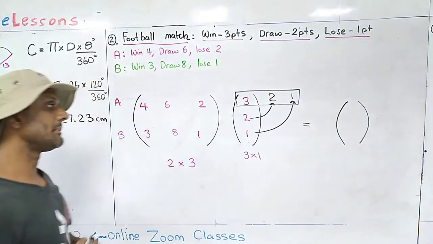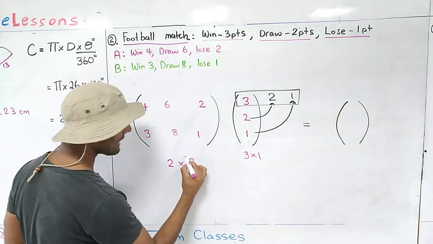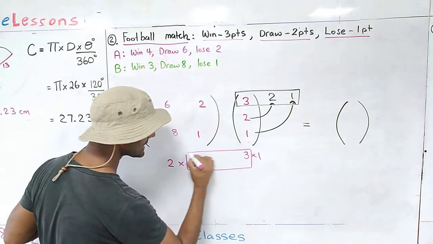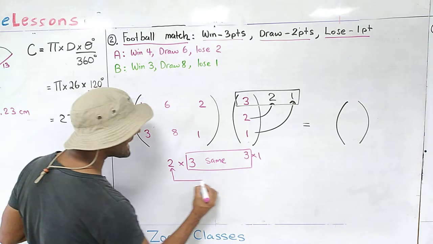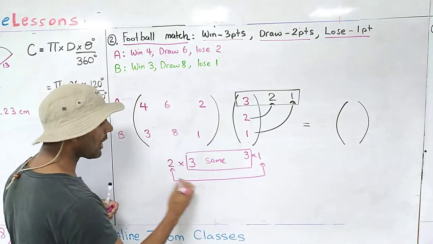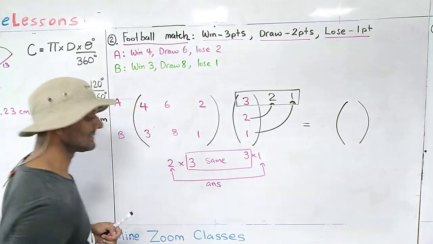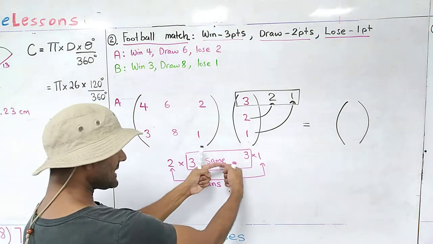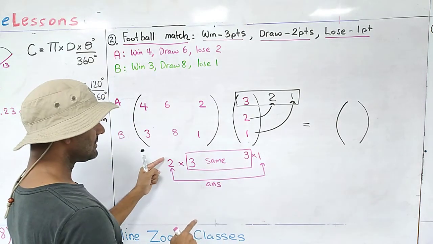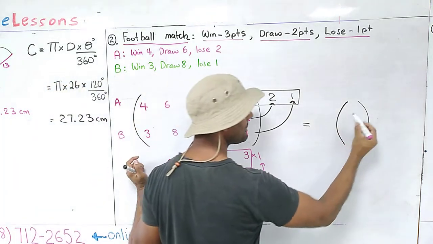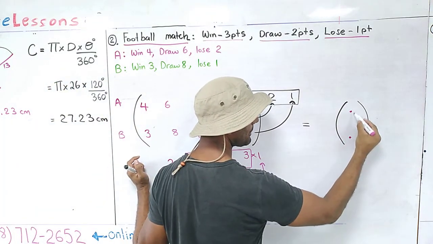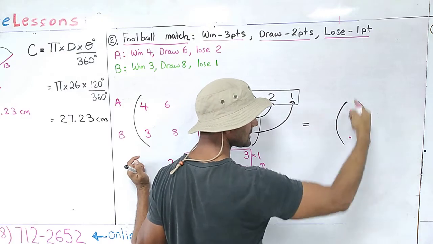Anytime you are multiplying two matrices, you have to make sure the two inner numbers are the same. The two outside numbers tell you how big your answer is. So the two inner numbers are the same, great. And my answer has to be a 2 by 1. A 2 by 1 matrix has two answers, one on top and one underneath. 2 rows and 1 column.